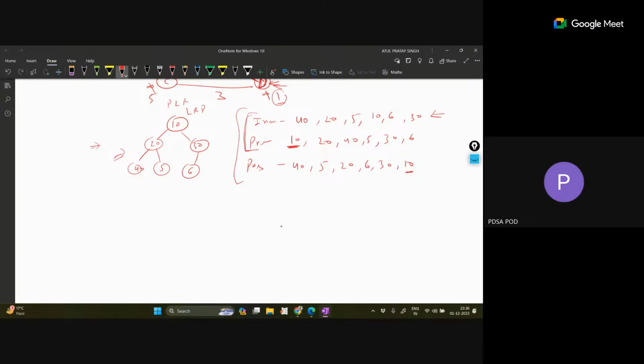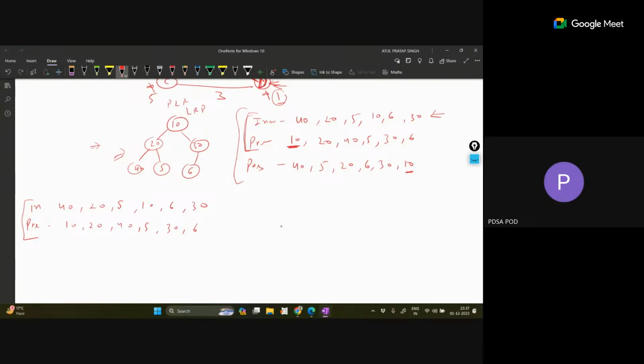So suppose in-order and pre-order are given. I'm writing the in-order: 40, 20, 5, 10, 6, 30. And pre-order is given as 10, 20, 40, 5, 30, and 6. By these two together we can create the tree. How?